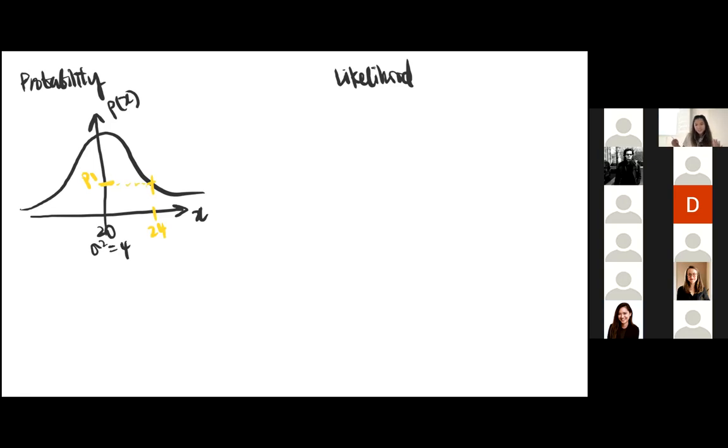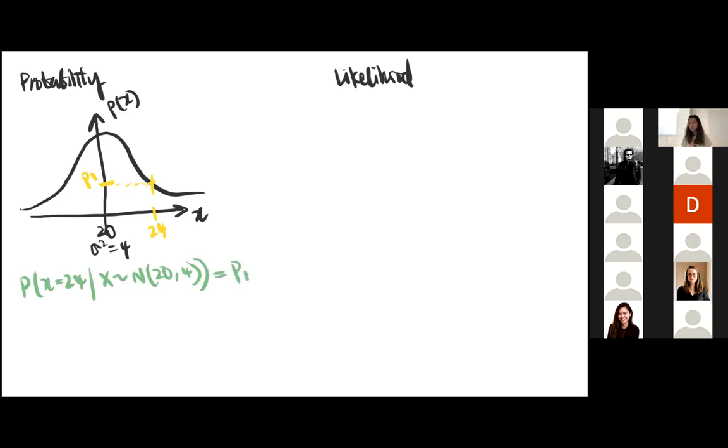The way that you represent this in mathematical notation, and we're also going to bring back our conditionals, is this: the probability that X is equal to 24, given that X follows a normal distribution with parameters 20 and 4, meaning a mean of 20 and variance of 4, is equal to P1.